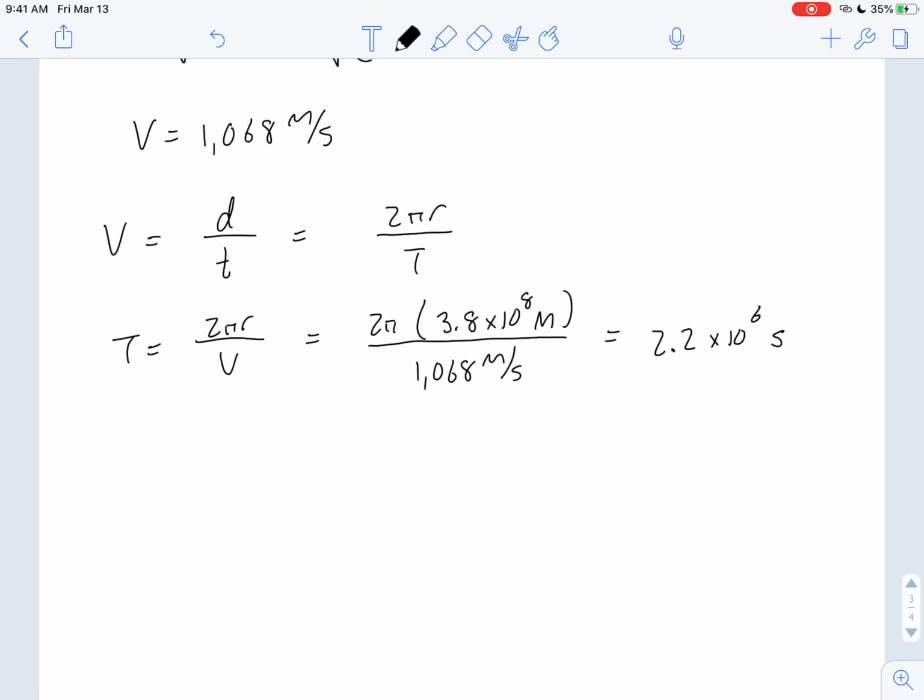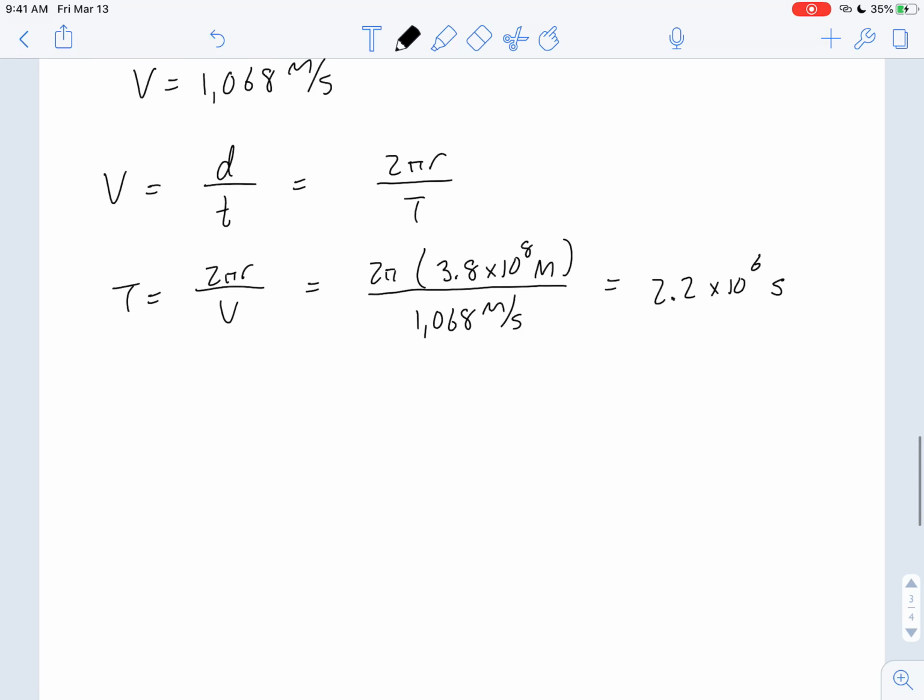All right, let's go ahead and convert this to days just to see how close it is to 27 days. We have 2.2 times 10 to the 6 seconds, and we want to get that to days. For every 3,600 seconds, that's going to be 1 hour, so the seconds cancel.